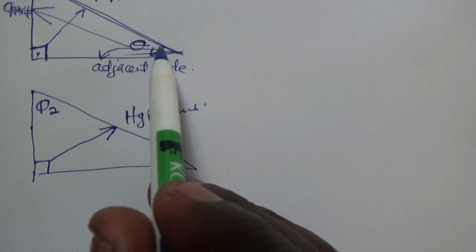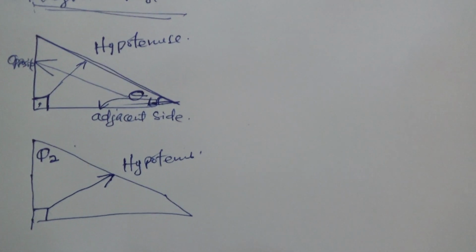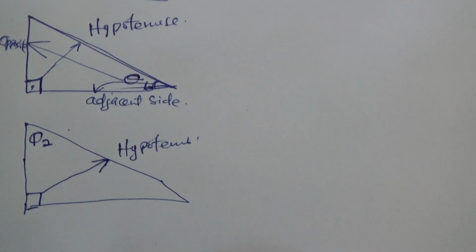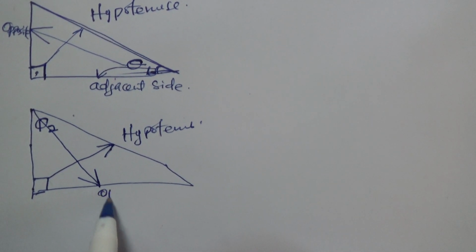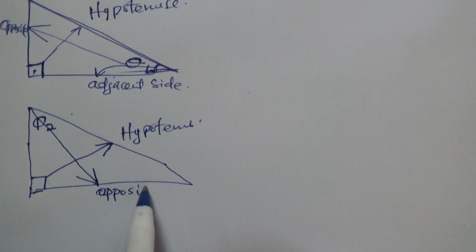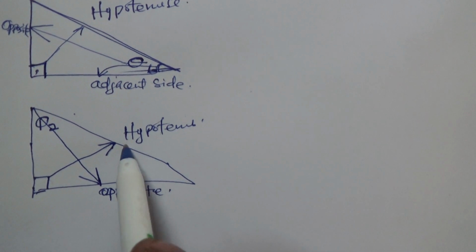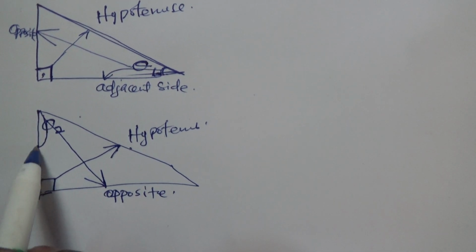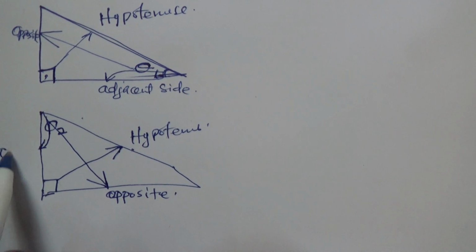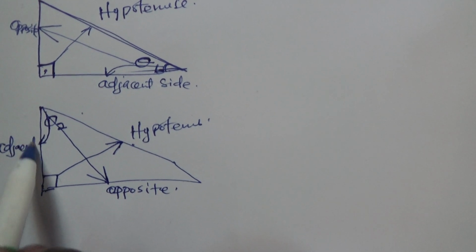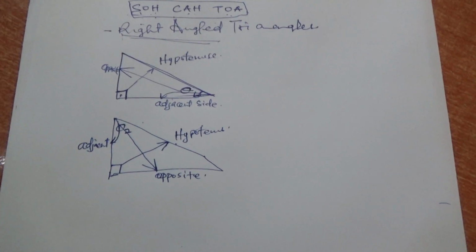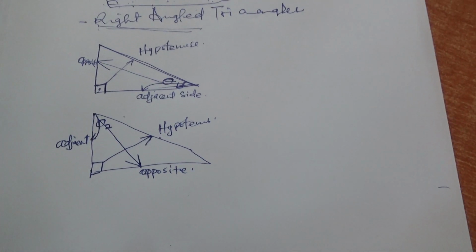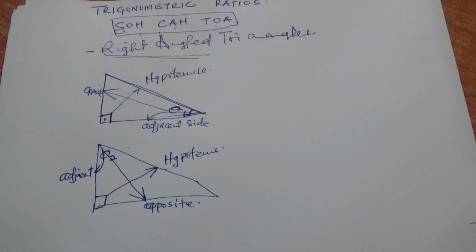This one was angle 1, now this is angle 2. Now this side becomes the opposite. All right, but because this is the hypotenuse, now this one is the adjacent. All right, so that is how you must understand how to know these dimensions.